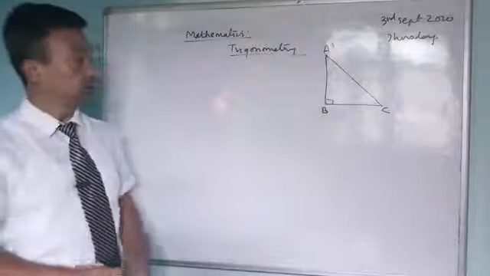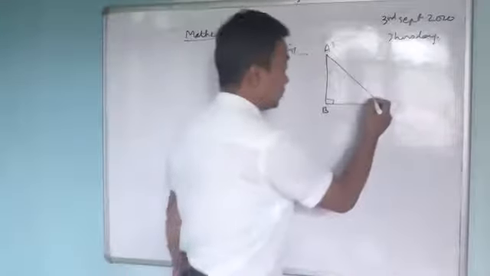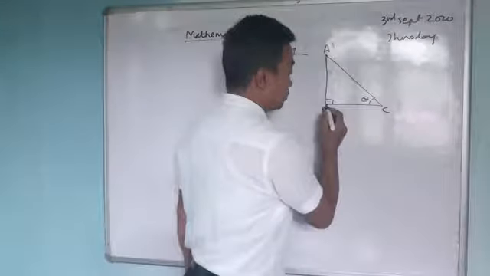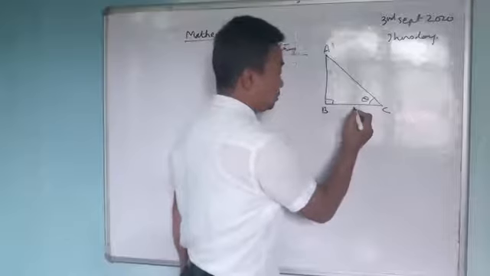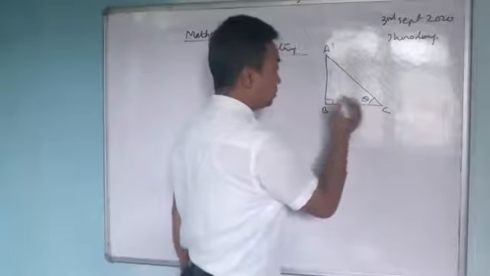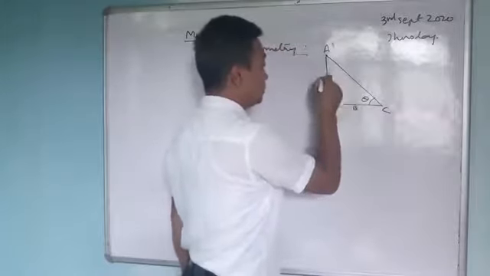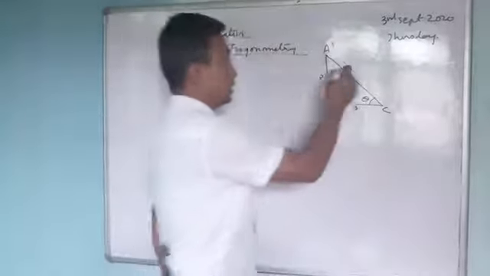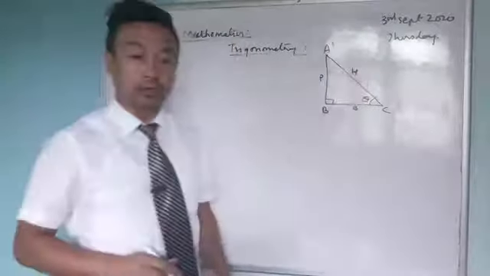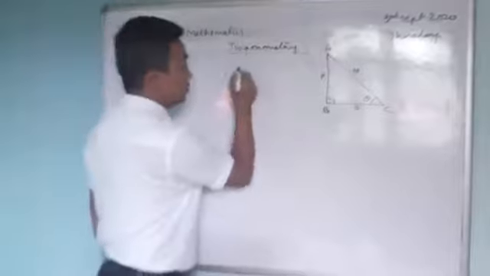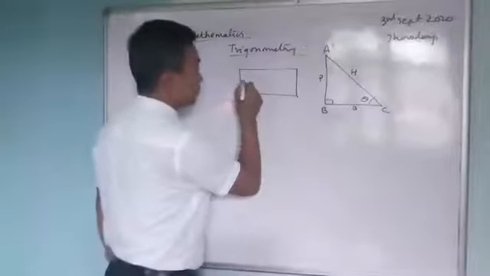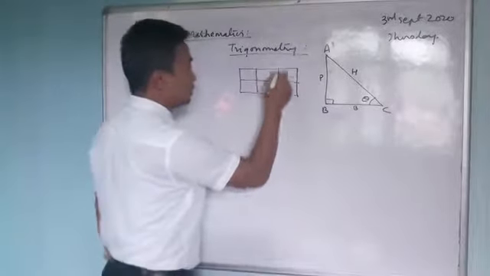So trigonometry deals with the right angle triangle. I take this angle to be theta. This side on which the angle is drawn is taken as the base, and this side is the perpendicular, and this is the longest side, which is the hypotenuse. So we can make a box here, something like this, and let us make 3 columns.